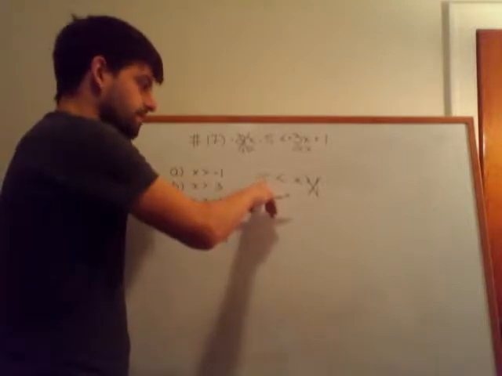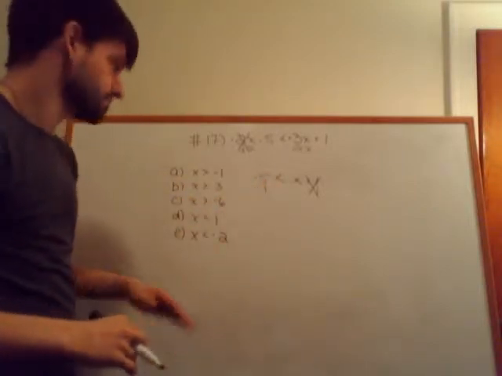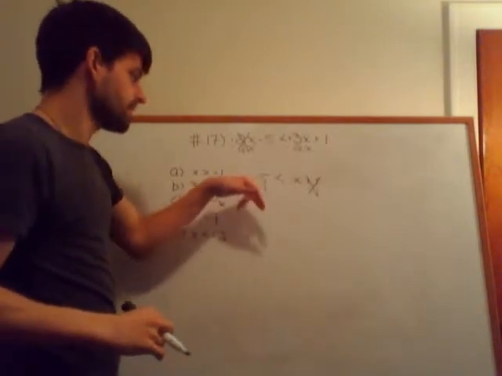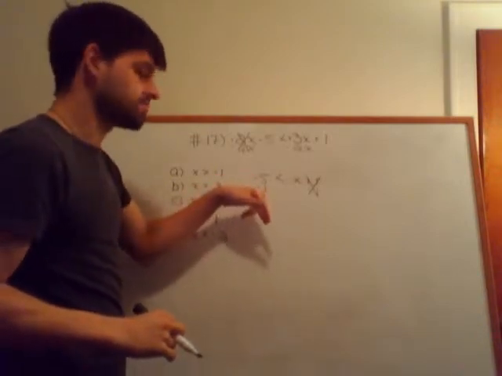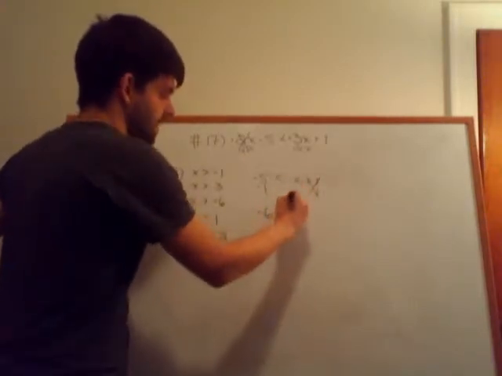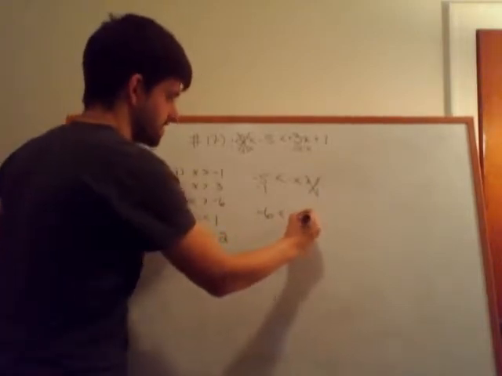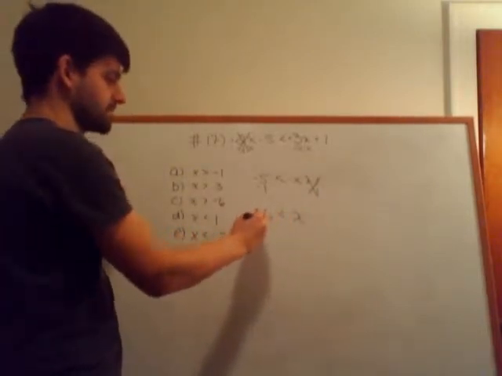Now, be careful here, because negative values can still be tricky. Negative 5 minus 1 is negative 6. And then your inequality stands, and you get negative 6 is less than x.